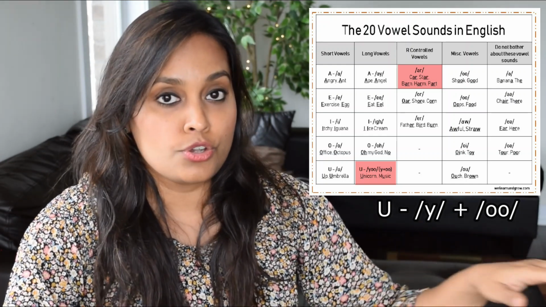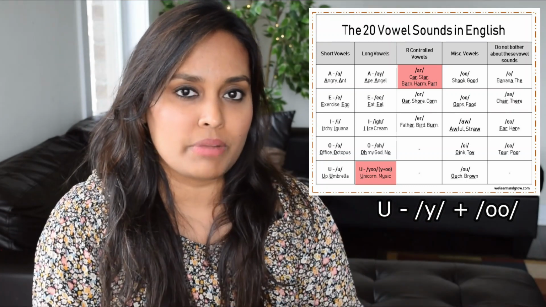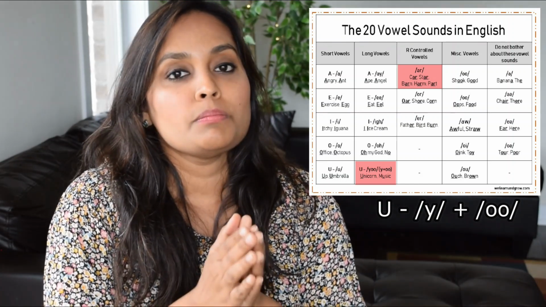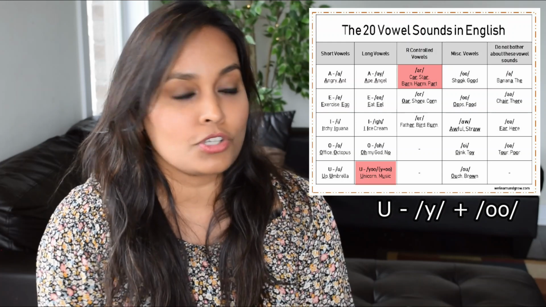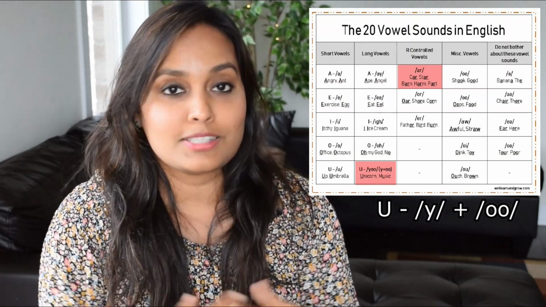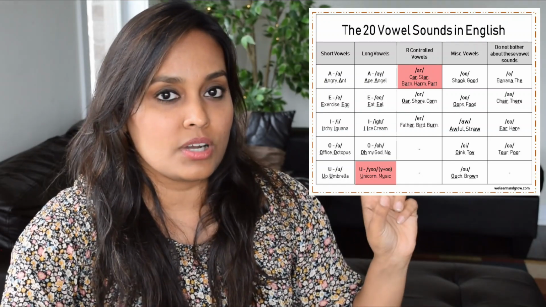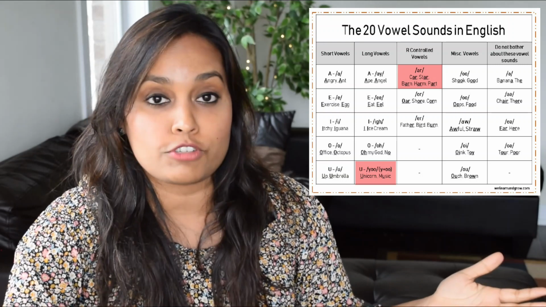Y and U, U. So it is not an individual sound by itself, but it's a combination of 2 sounds. But still, we're going to trick our children into believing that it's a new sound, so they find it easy and simple to remember and learn. Okay, so those are the two additions to the vowel list. So if you take those two away, you have 20 vowel sounds, my friend.